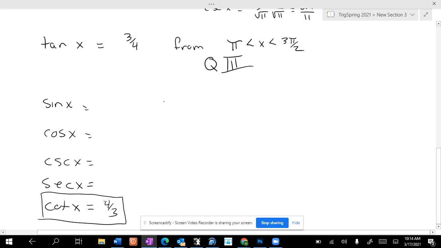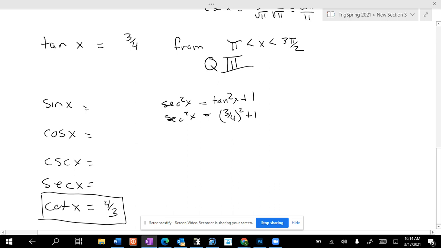I know that secant squared of x equals tangent squared of x plus 1, right? So secant squared of x equals 3/4 squared plus 1.